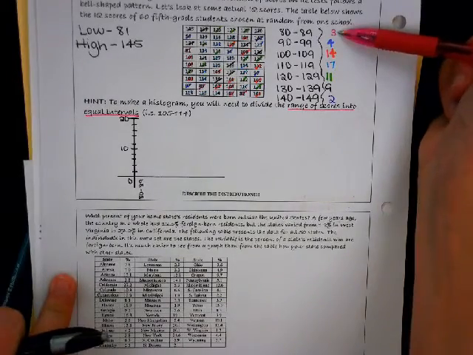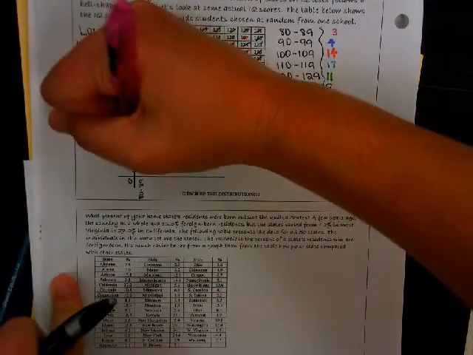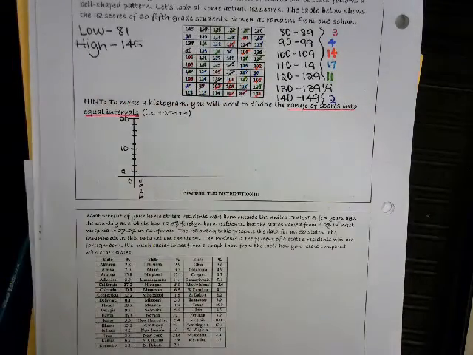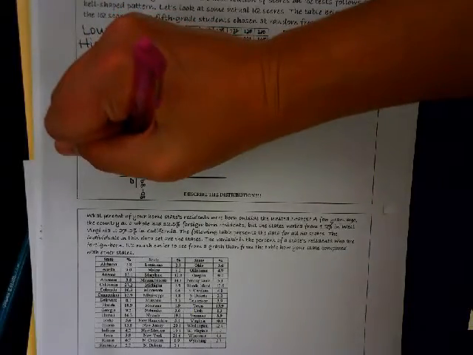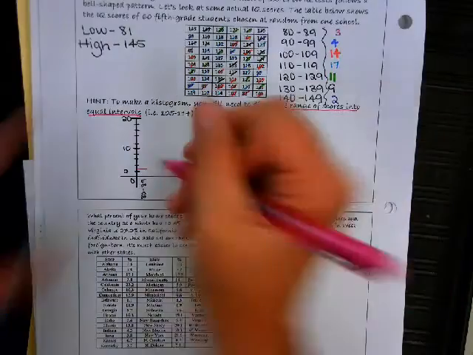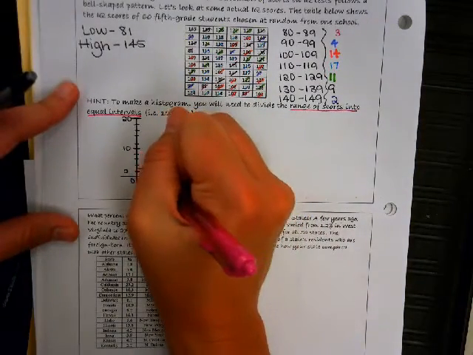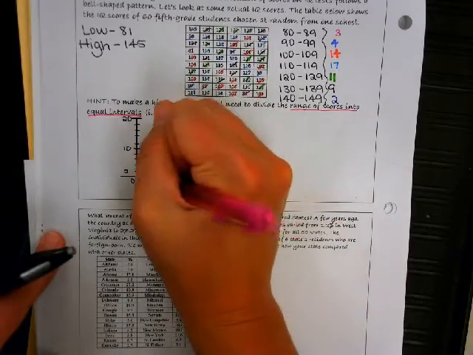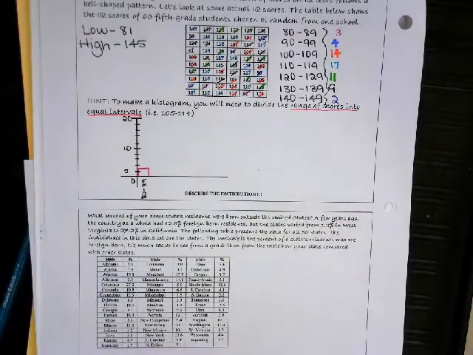So I'm going by 2s. I suppose I should put a 2 on that first one. So I'm going to go halfway in between those hash marks. And then I'm going to drop back down to the x-axis. Just like with bar graphs, histograms, the bars have to be equal width.